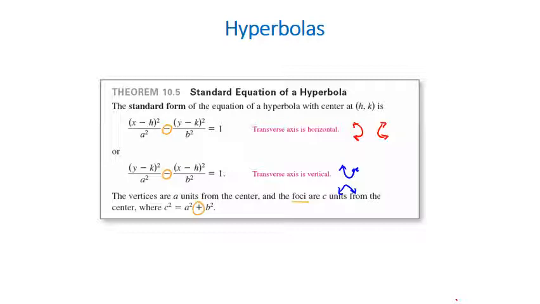In a hyperbola, A squared does not need to be bigger than B squared. You will notice that A squared is always first, and it depends on the variable above it. If X is first, so the positive value is X, we will have a horizontal transverse axis, whereas if Y is first, then we will have a vertical transverse axis. Those are the things to recognize here.